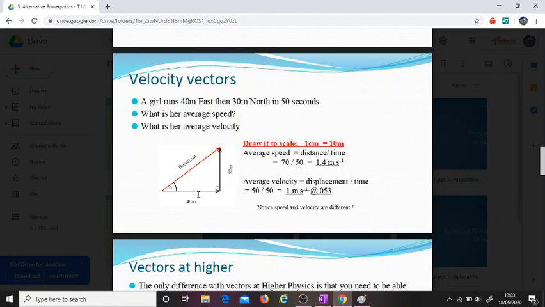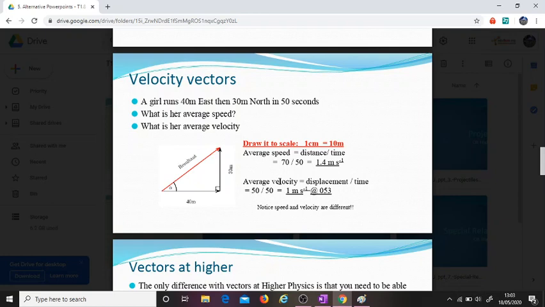So in terms of the total distance she travels, it's 70, because she goes 40 metres, then she goes 30. So we use the distance for speed, so 70 metres divided by 50 seconds tells us that her average speed is 1.4 metres per second.